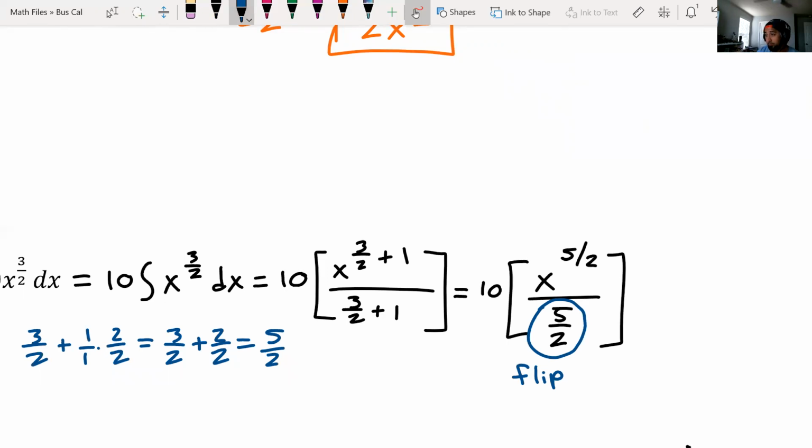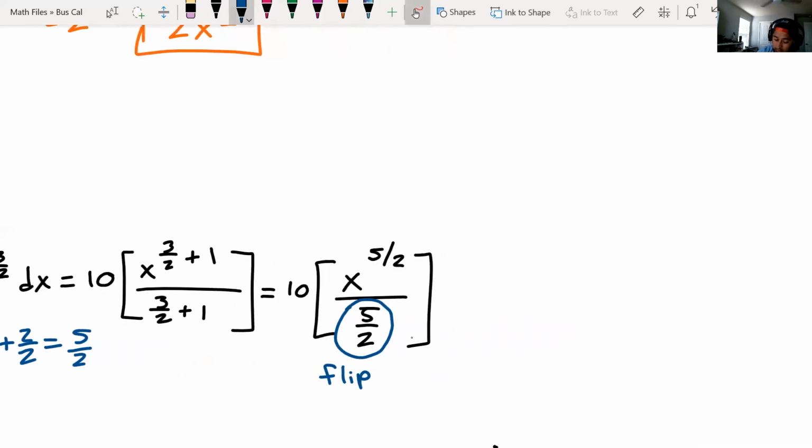Now, when you flip it, the 2 will go to the numerator and the 5 will stay in the denominator. So our rewrite is going to be 10 times 2x to the 5/2 over 5.